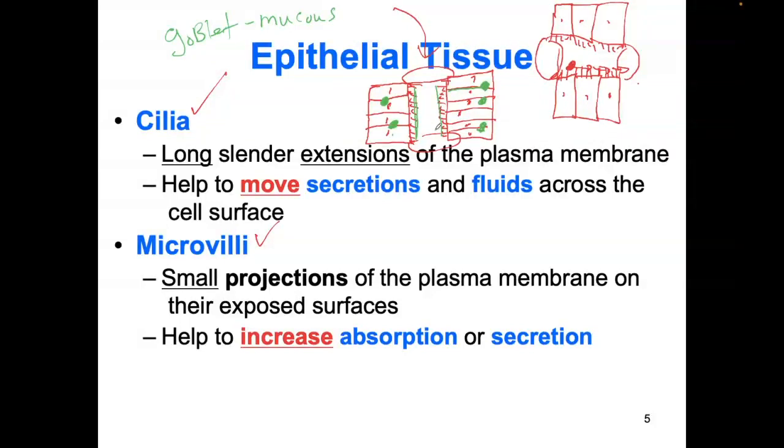What's happening is these cilia are beating upwards, right? They don't beat down. If it's beating downwards, it's going to drive the debris to the lungs. So it's beating upwards, so all you have to do is give a little cough, and it forces it, moves it up. That's pretty cool. That's what cilia do.